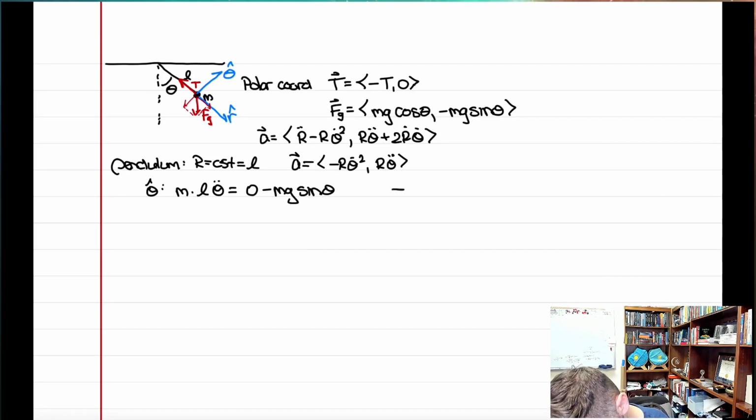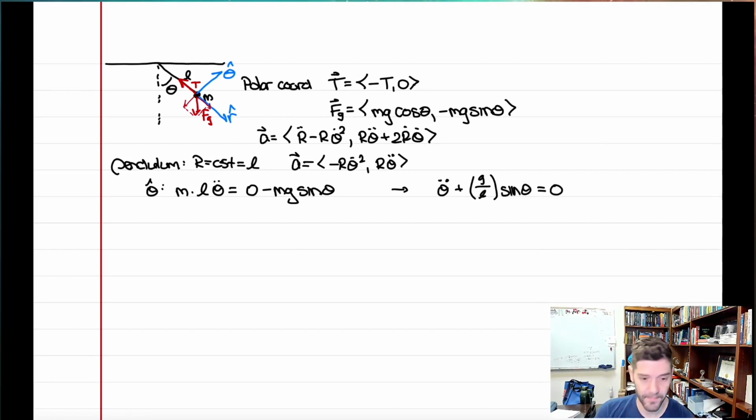And so cancel out an m, divide by L, looks like theta double dot plus g over L sine of theta equals 0. So if I were to solve this, I would get theta as a function of time, which could tell me the motion of the pendulum as it swings back and forth.